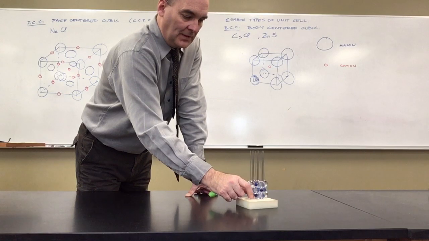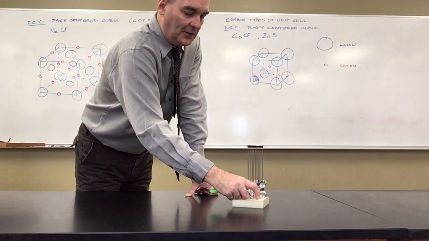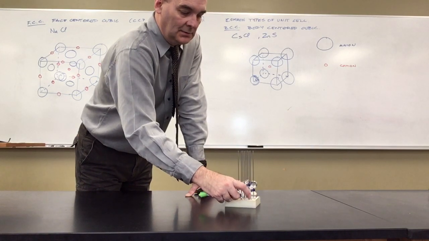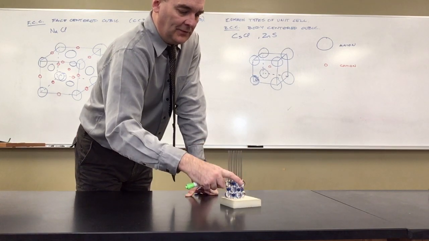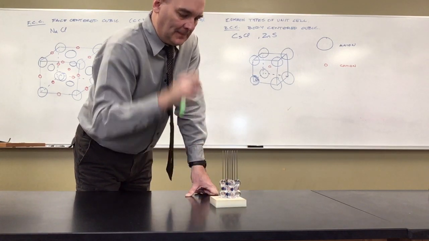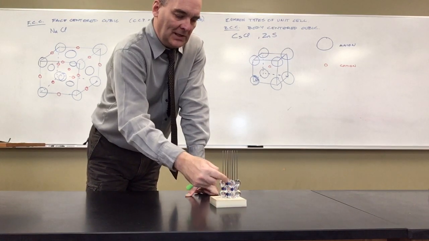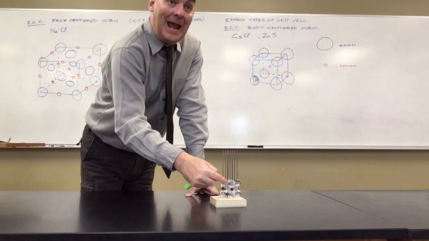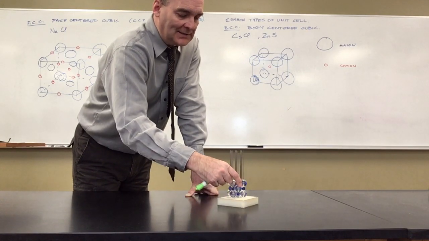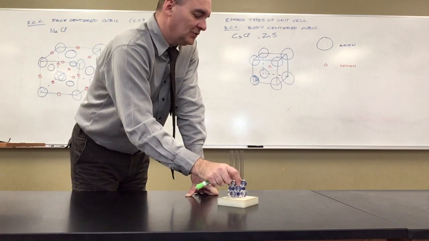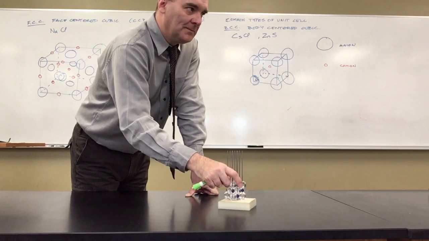I have 5 anions on the base, and then 5 on the side, and 5 on this side, and 5 on that. So each anion is on every corner and on the face. And the cations just kind of squeeze in between.